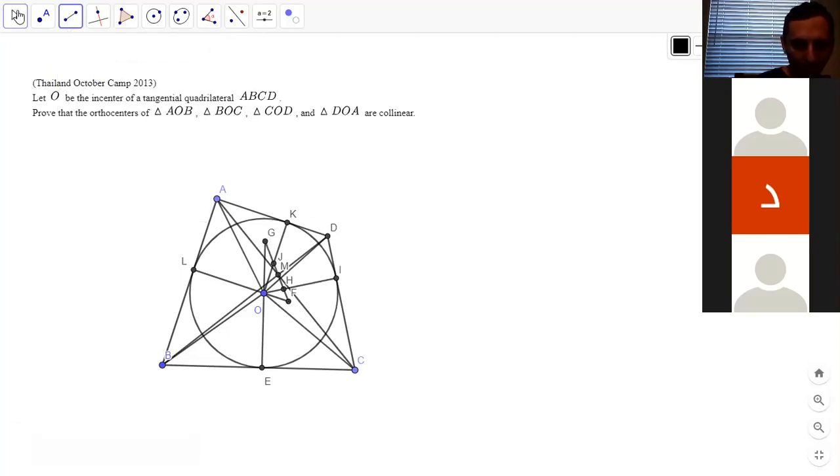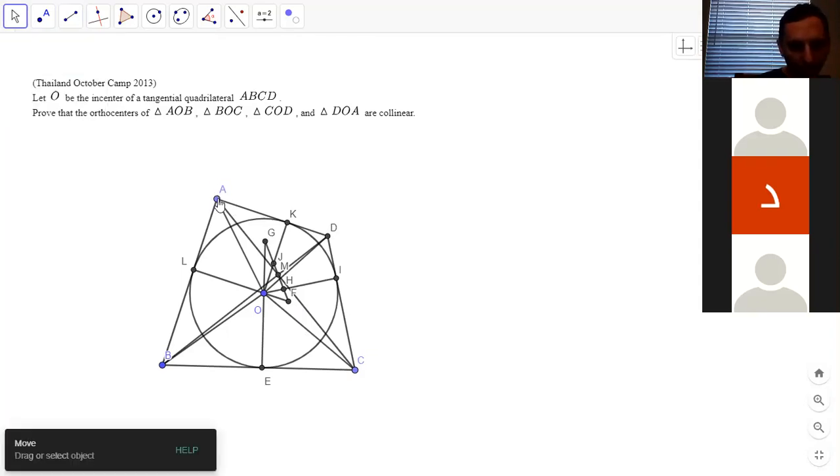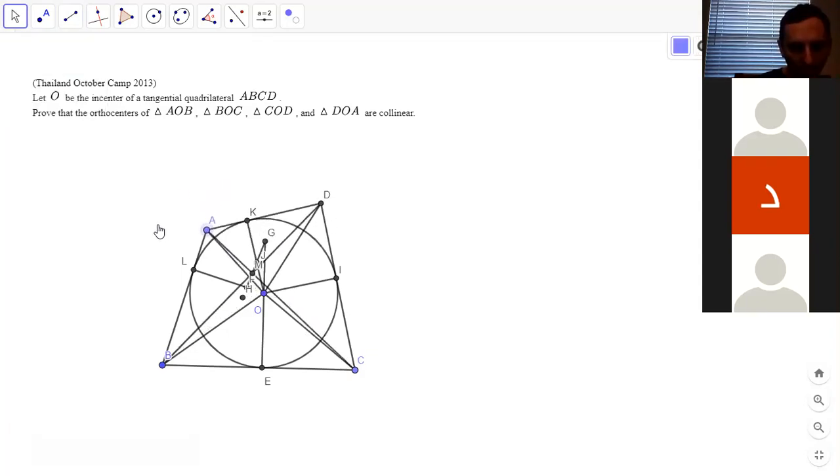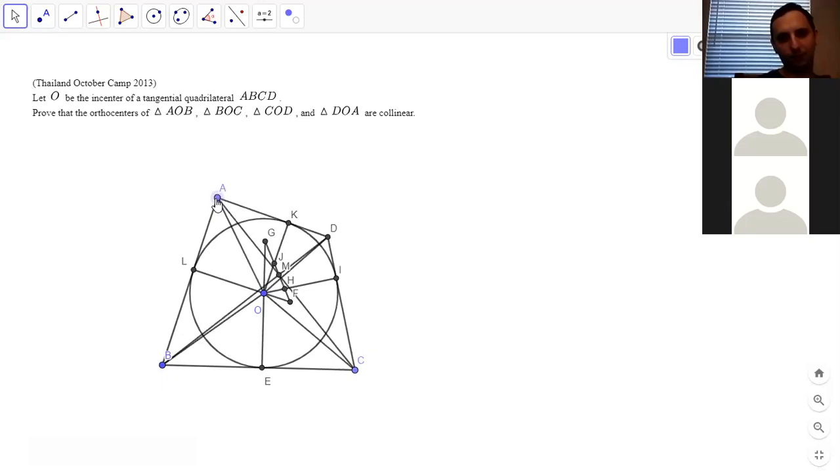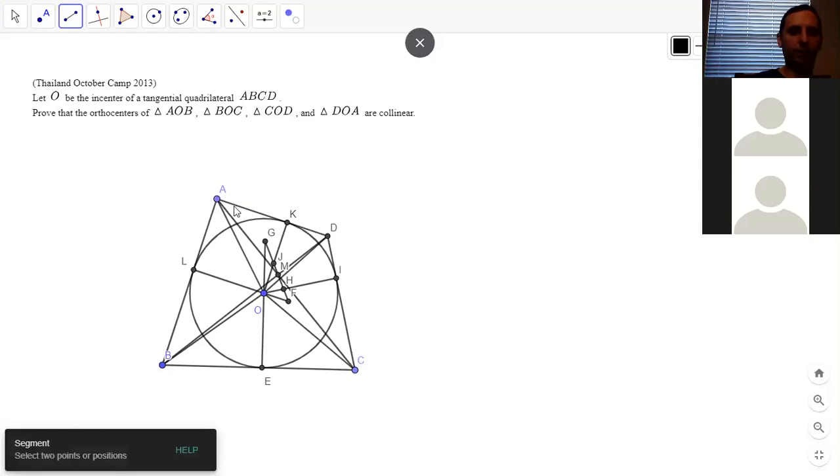Let me move it around. Yeah, I think it's true. Okay, yeah. But let me just make sure. I think AG and CF intersect.